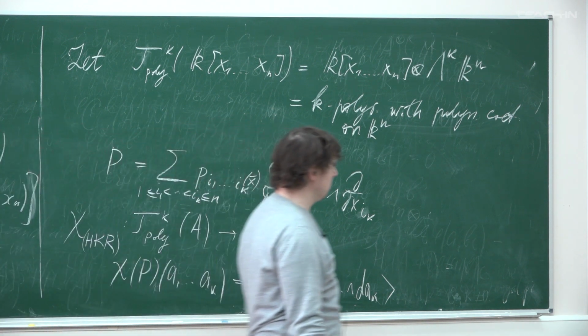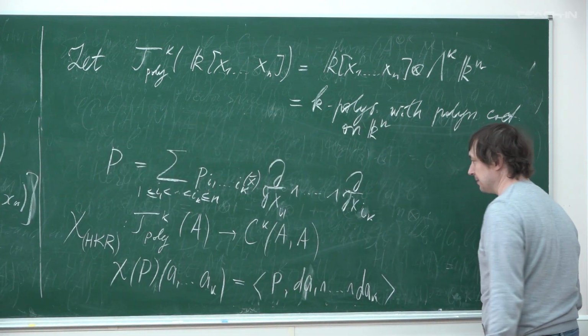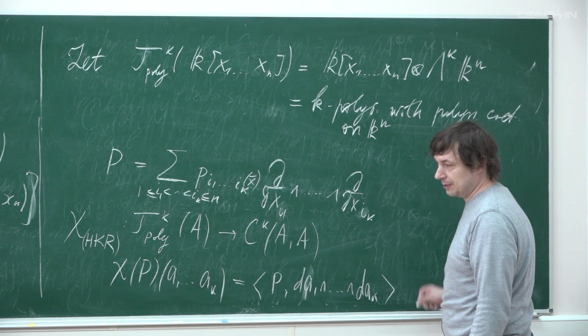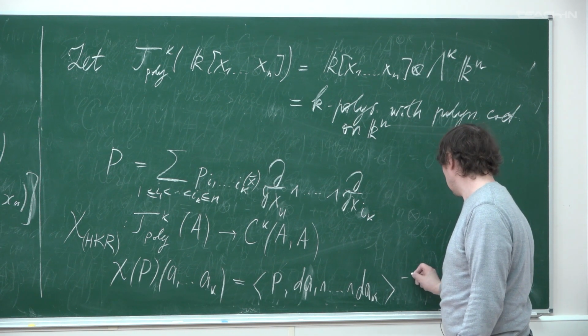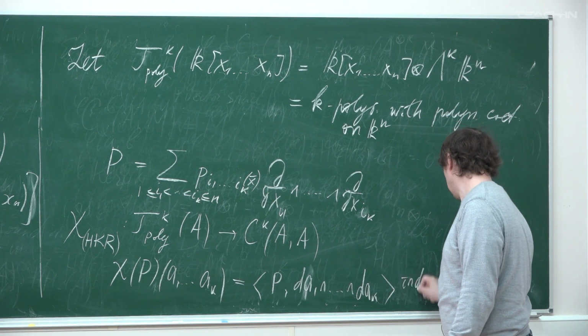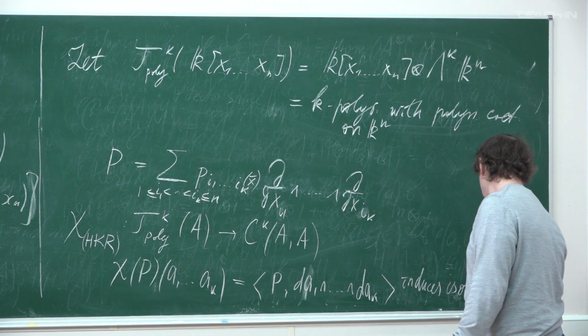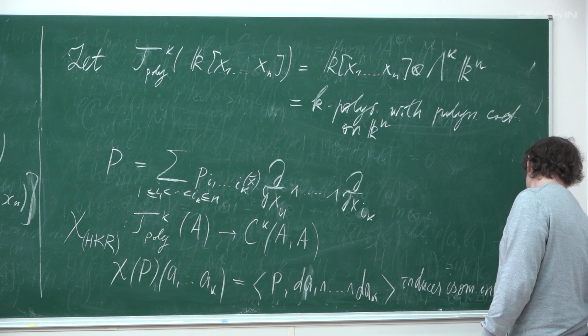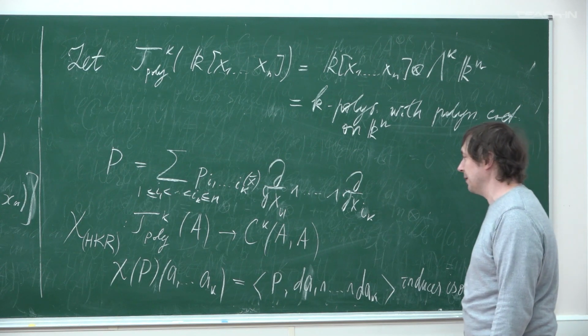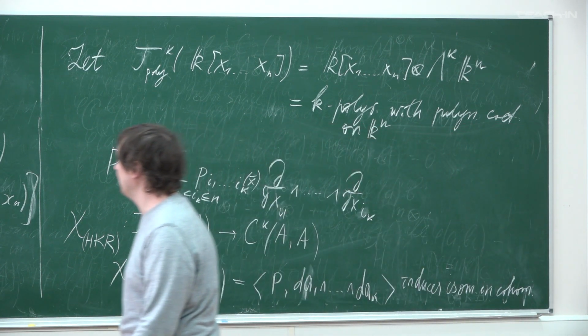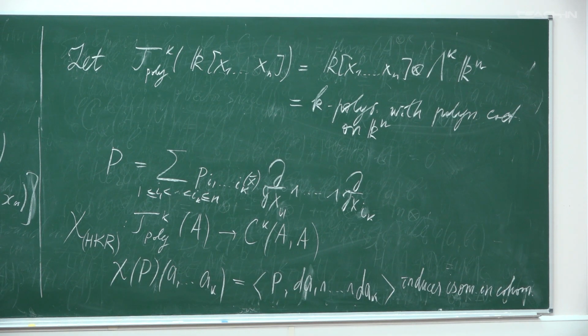My purpose is to prove that this map induces an isomorphism in cohomology. Moreover, I'll do this in the case of the algebra of functions on some smooth manifold. But I think today it is worth speaking a little bit about the algebraic case.